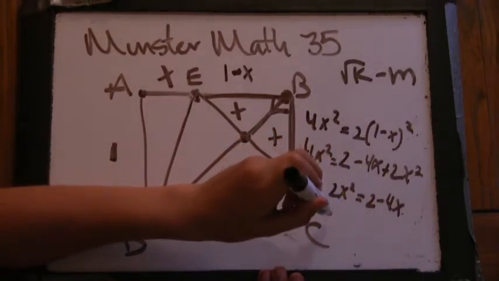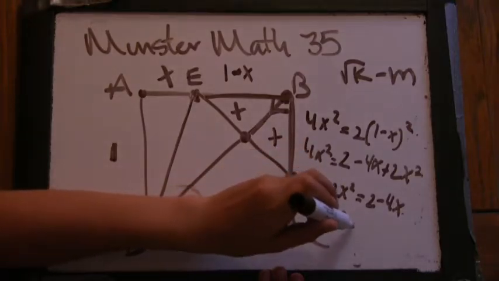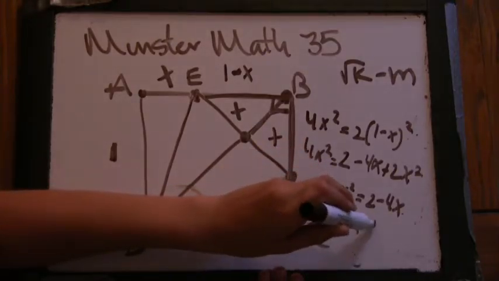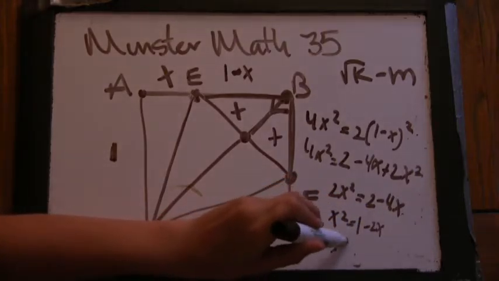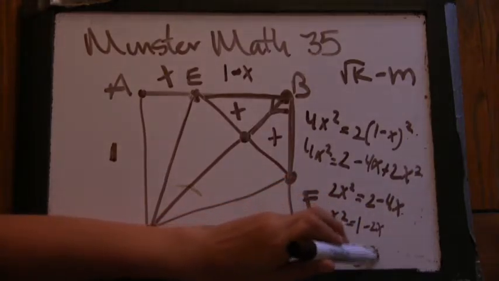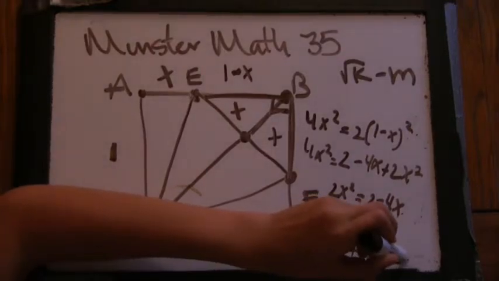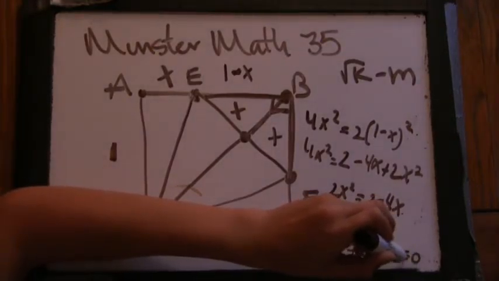So divided by 2x squared is 1 minus 2x. So x squared plus 2x minus 1 equals 0.